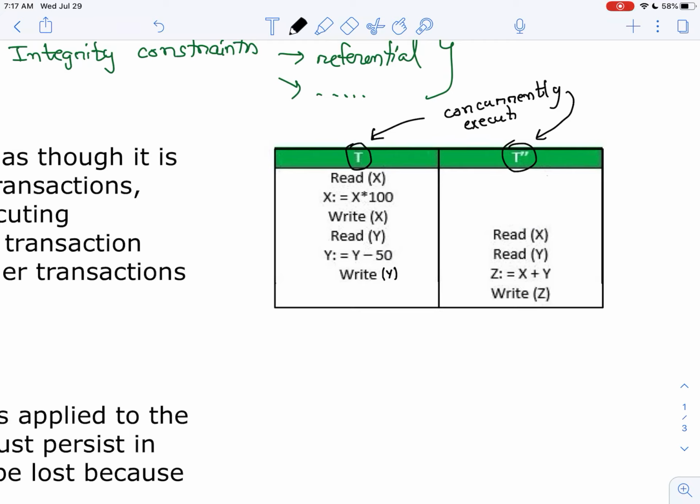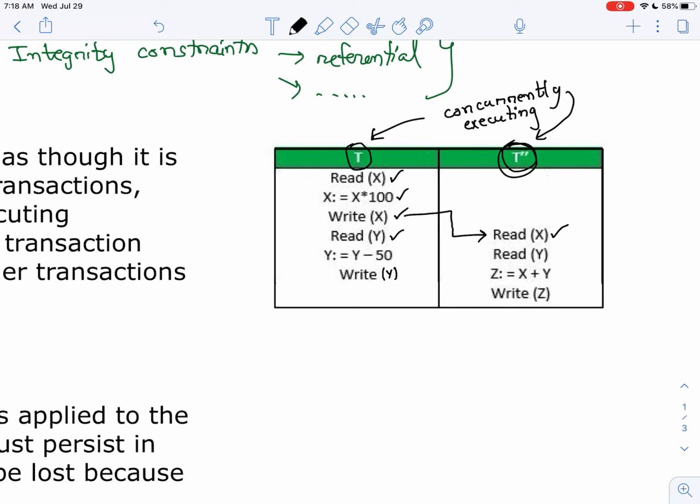Suppose this transaction first reads x, then multiplies x by 100, then writes the value of x, and then reads the value of y. While it's reading the value of y, this other transaction starts and reads the value of x. So the value of x that has been written here is being read by this transaction.